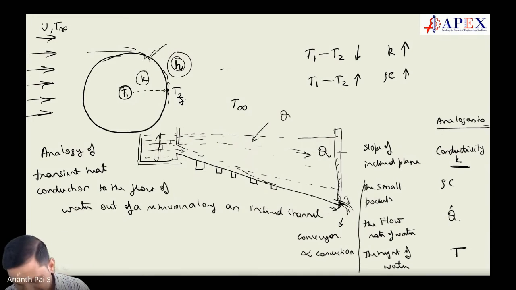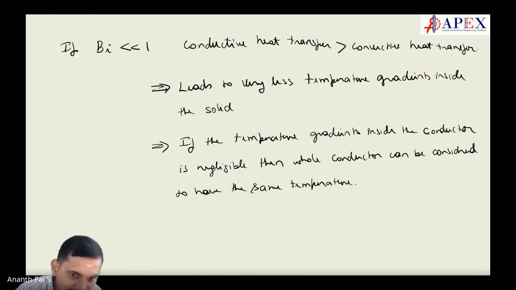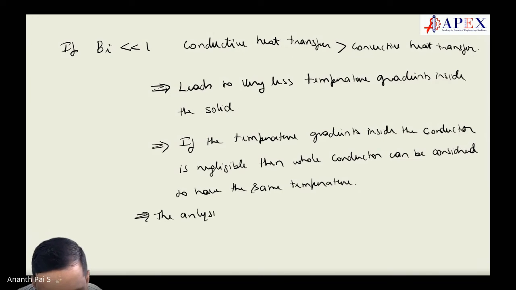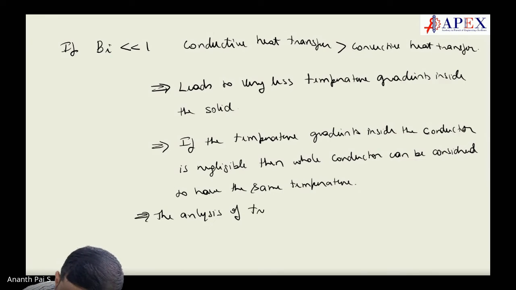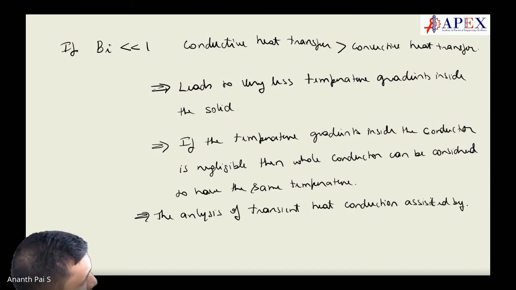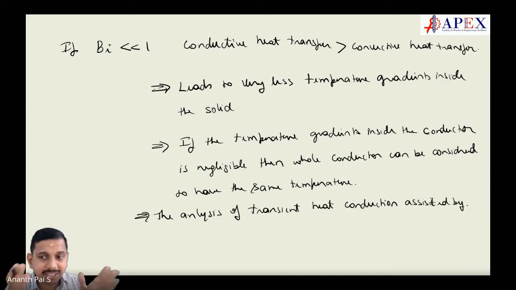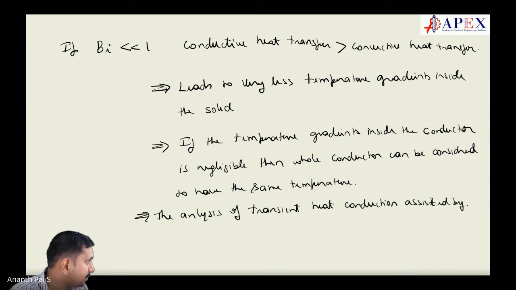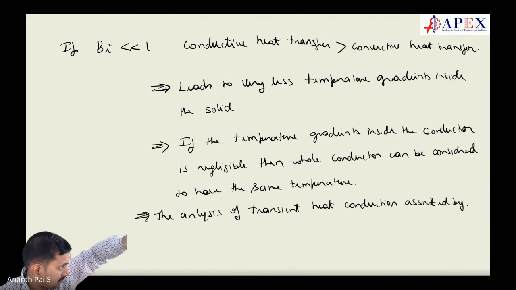Okay, so the analysis of transient heat conduction assisted by convection. If the temperature gradients in the conductor are very less, temperature gradient is less means what? The slope is less.